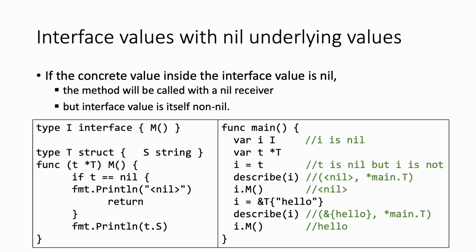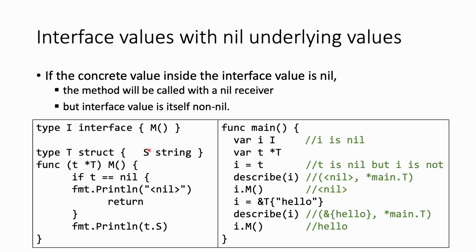Recall that an interface value is a pair of an underlying value and a concrete type. That underlying value can be nil. If the concrete value inside the interface value is nil, the method will be called with a nil receiver, but the interface value is itself non-nil.